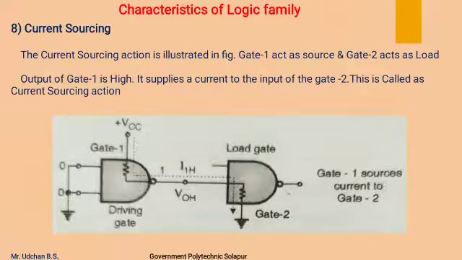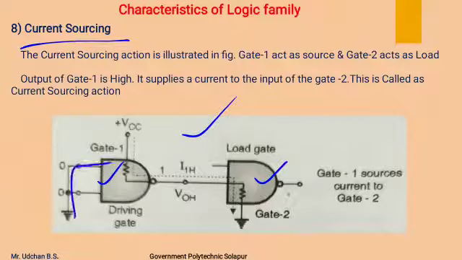Now the next definition is current sourcing. The current sourcing action is illustrated in this figure. Gate 1 acts as a source gate and gate 2 acts as a load gate. In this, both the gates are NAND gates. To gate 1, two input terminals are grounded, that is they are connected to 0.